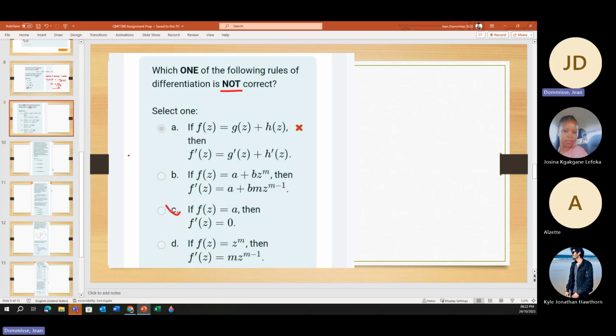So that one is correct. I'm just looking at the easier ones. If z is equal to a, then a is a constant, so it will be 0. That goes to the front, zm minus 1, so that's also correct.